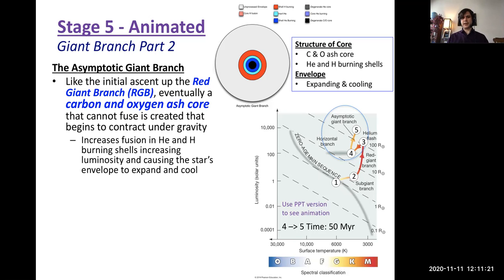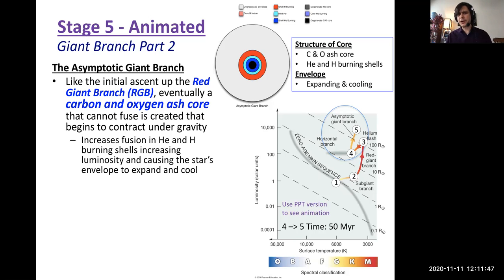As the entire core heats up, that means that the helium burning shell immediately around that is going to start fusing faster. They're going to have increased fusion reaction rates of helium to carbon and oxygen. So our helium burning shell will have increased fusion reaction rates. And then surrounding that, we'll have our hydrogen burning shell, and the reaction rates will go up there as well.